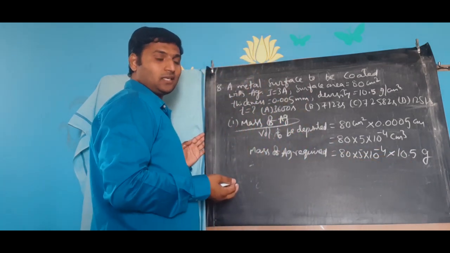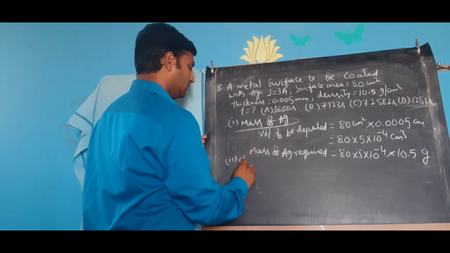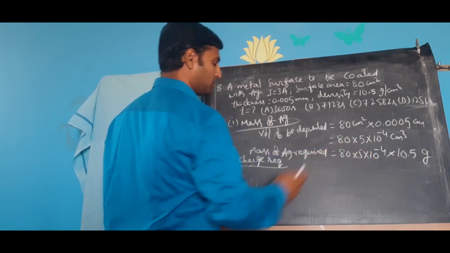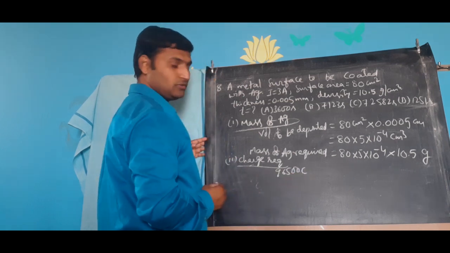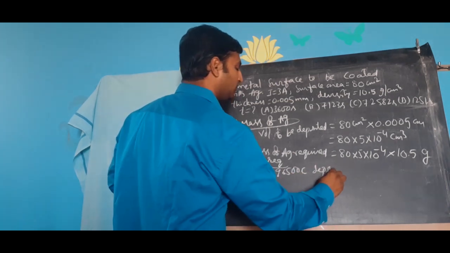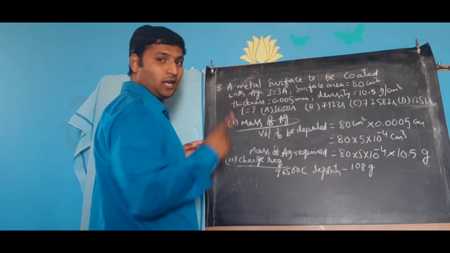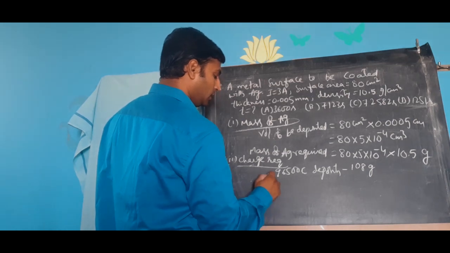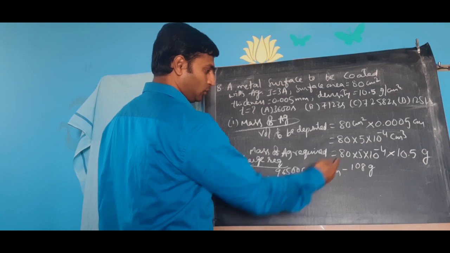Now what do we need? The charge required. So second step here is charge required for depositing so much mass. So 96,500 coulombs deposits how much of silver? 108 grams, because its valency is 108 by 1. Therefore, for depositing 108 grams you need 96,500 coulombs.